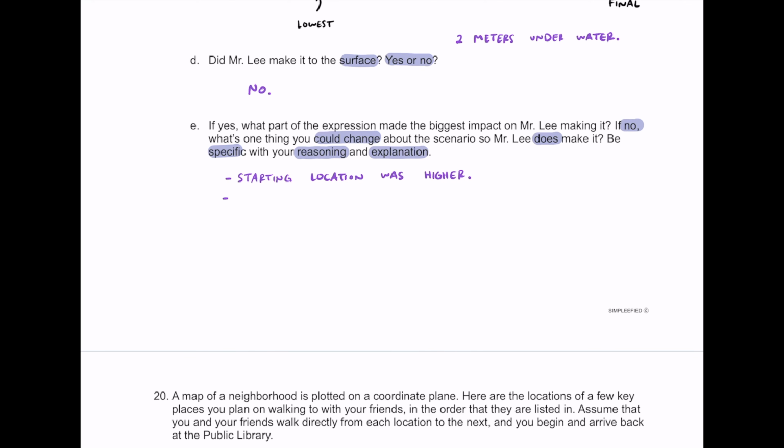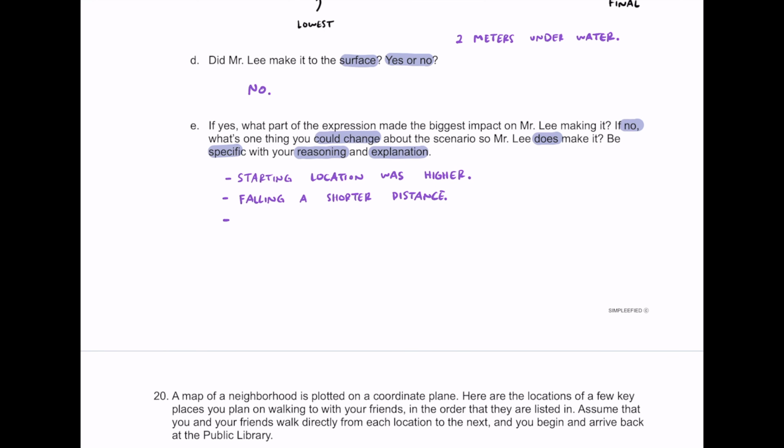One thing could be falling less, falling a shorter distance. If he fell a shorter distance, then it wouldn't be as deep underwater. So that's another specific thing that we could change that could impact the survival here.